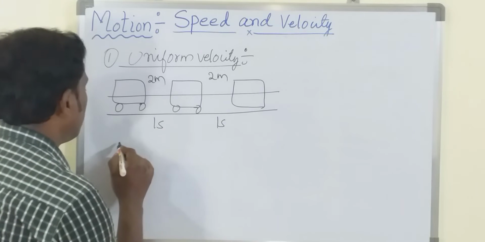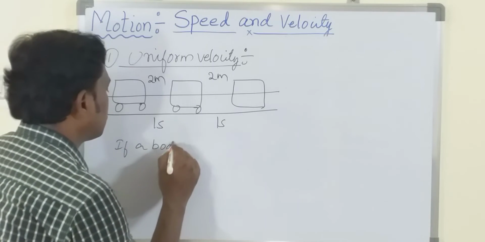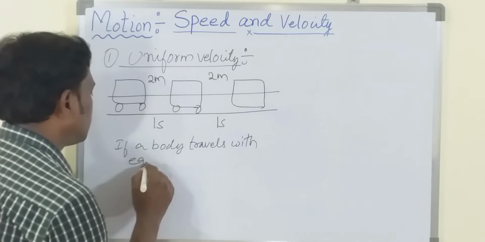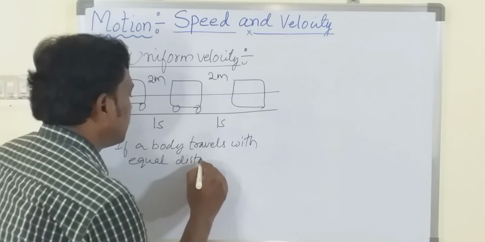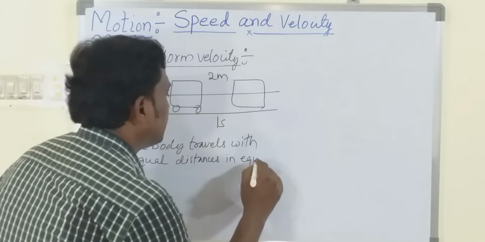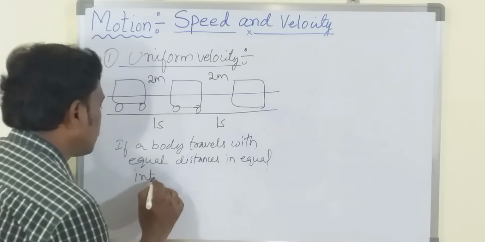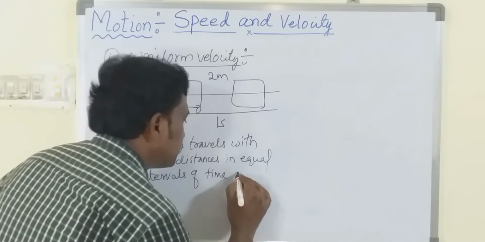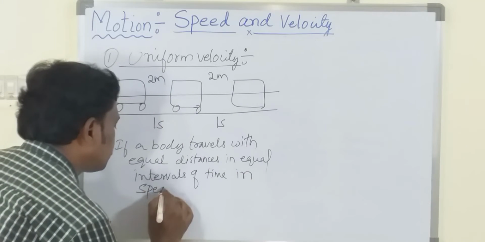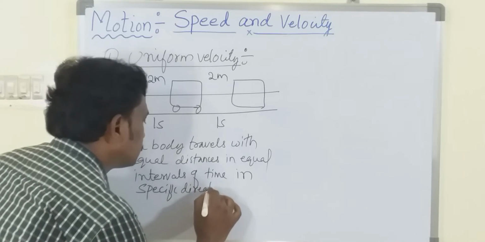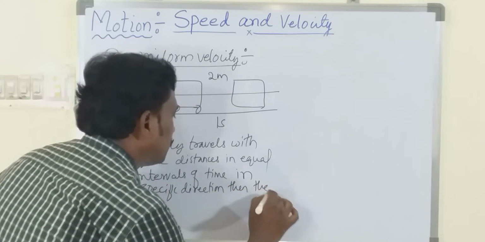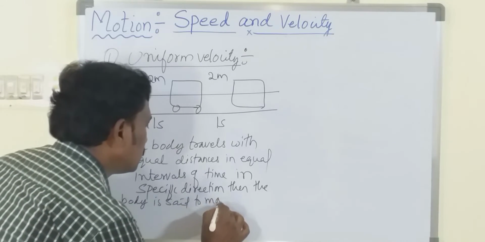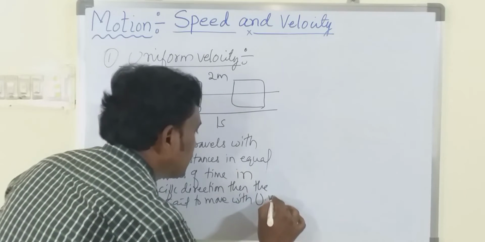So if a body travels with equal distances in equal intervals of time, in a specific direction, this is the difference, then the body is said to move with uniform velocity.